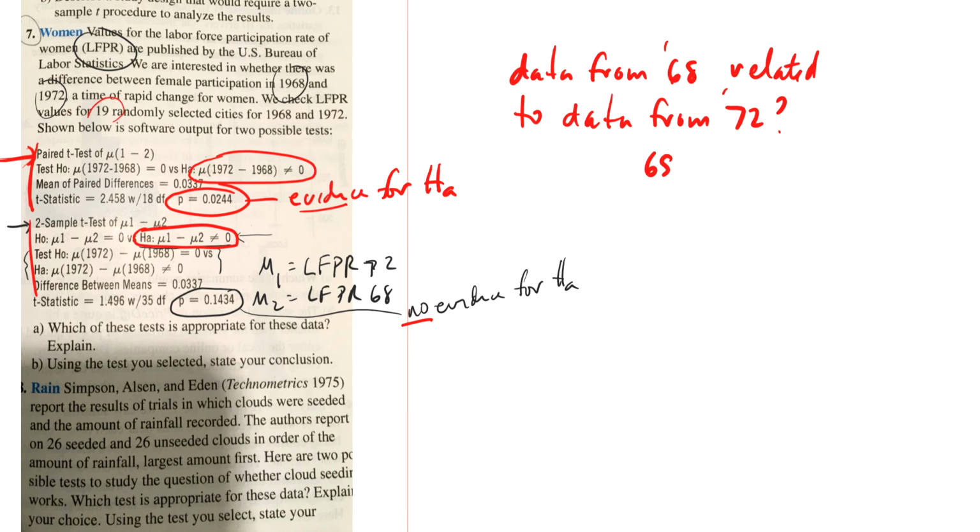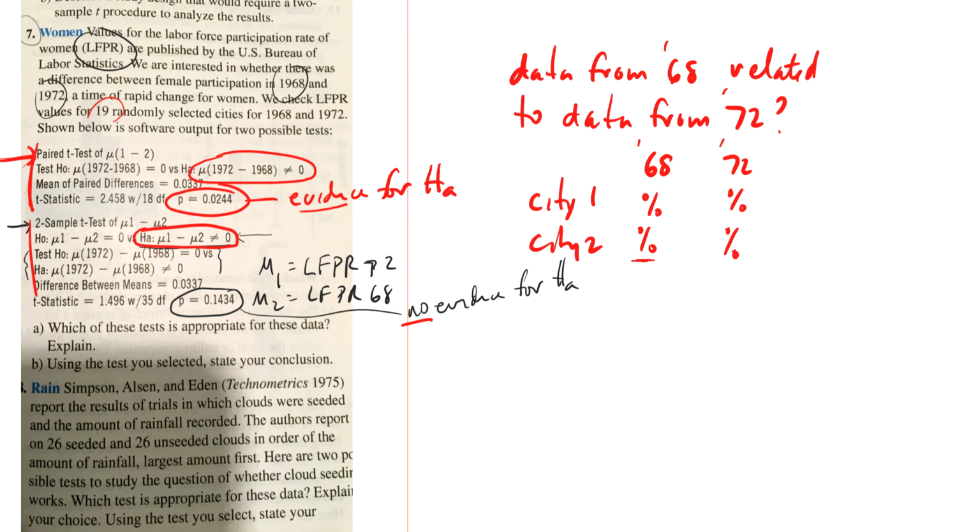We've got 68 and 72, and I've got city number 1. If they're the same city for each of them, which I think is the way they mean it to read, then I'm going to have a certain percent of women in the labor force for 68 and another percent in 72. For city 2, I'll have a percent in 68 and a different percent in 72.